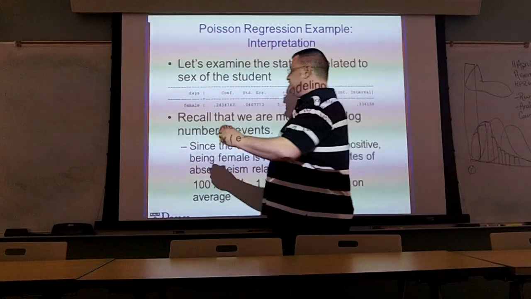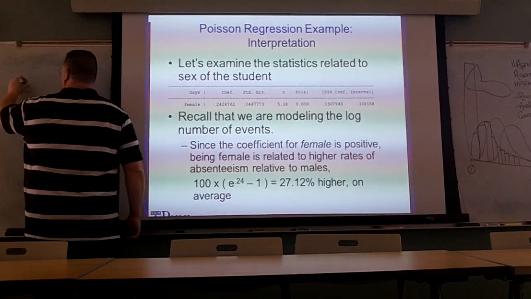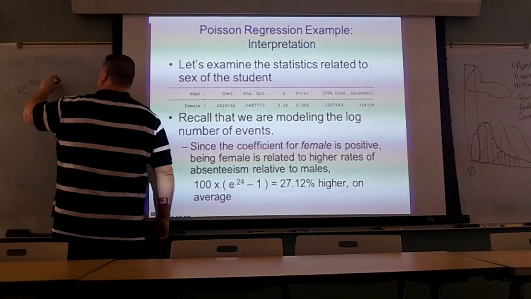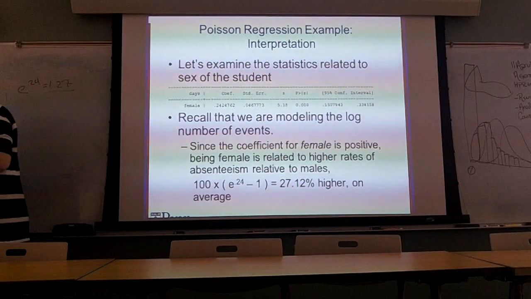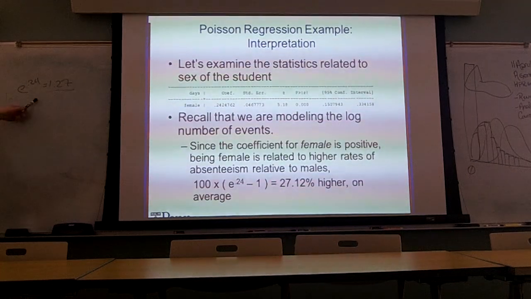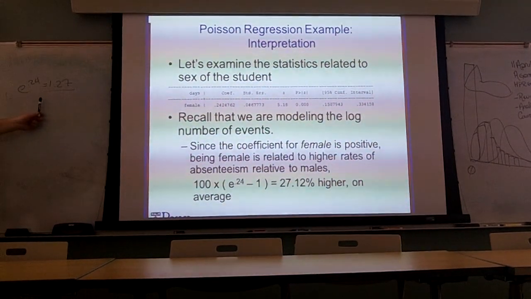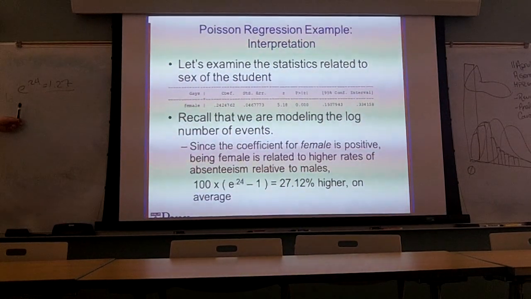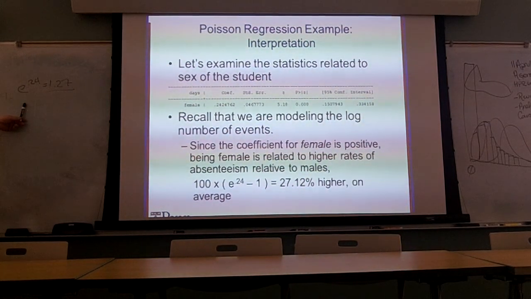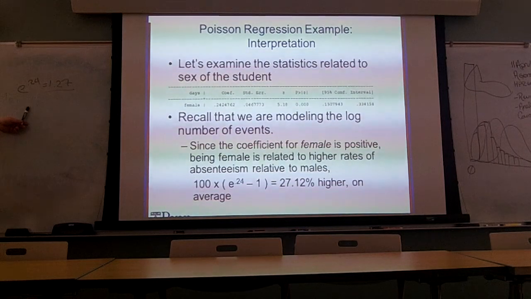So if I exponentiate 0.24, I get 1.27. How do I interpret that? Females, on average, have a rate of days missed that is about 1.27 times higher than males.